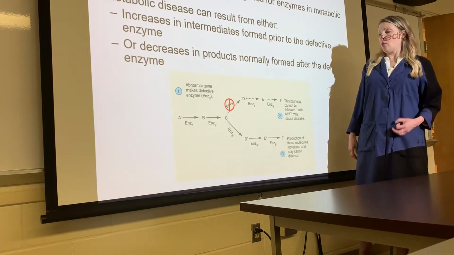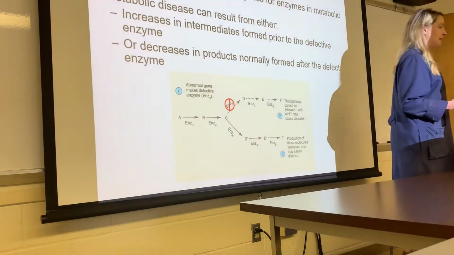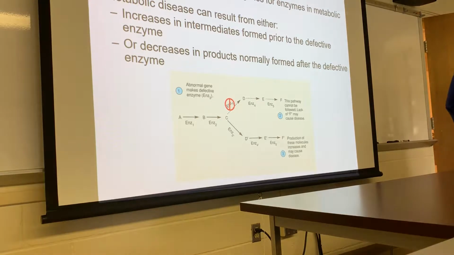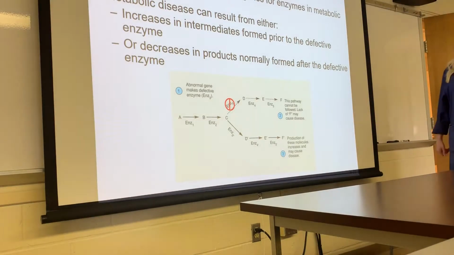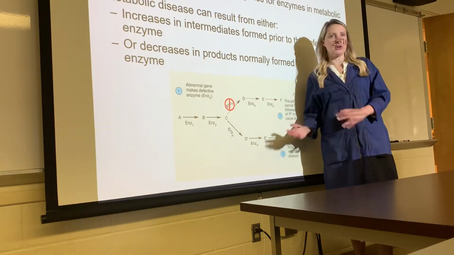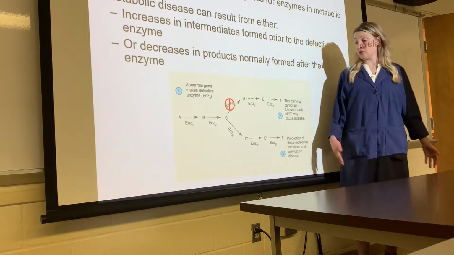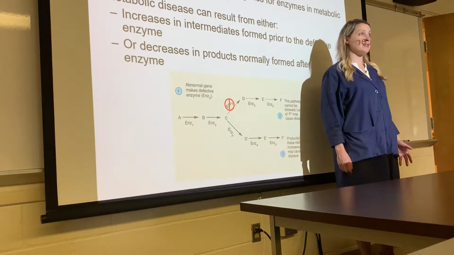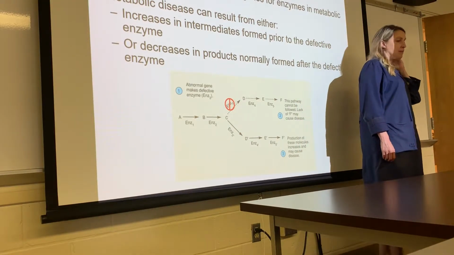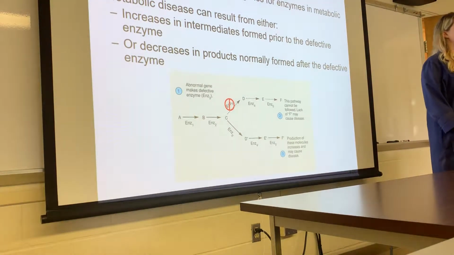Or what can happen is that the enzyme is there and it's functioning, but it's defective. So it might be overproducing something, it can't be stopped. Allosteric inhibition doesn't work on that particular enzyme. As a result, you get an overproduction of a particular product, like in the condition PKU, phenylketonuria.